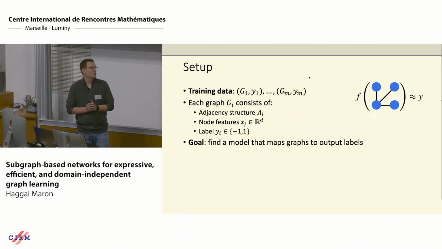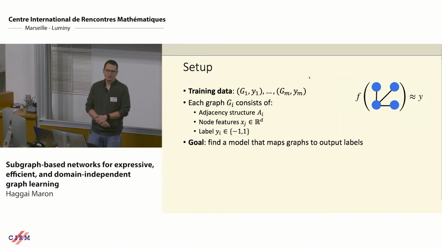I would like to start with the setup we are going to consider in this talk. We are going to consider a supervised learning setup in which we have a bunch of graphs and labels. Each graph consists of an adjacency matrix and node features, which are just vectors in R^D.